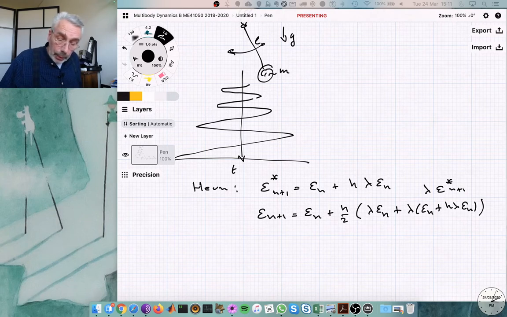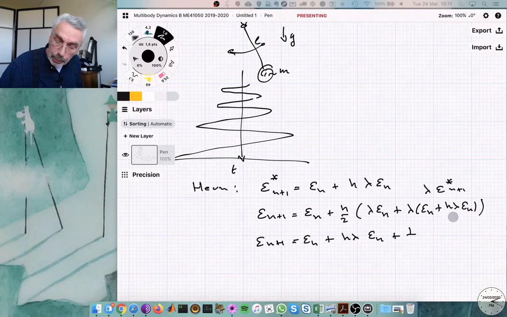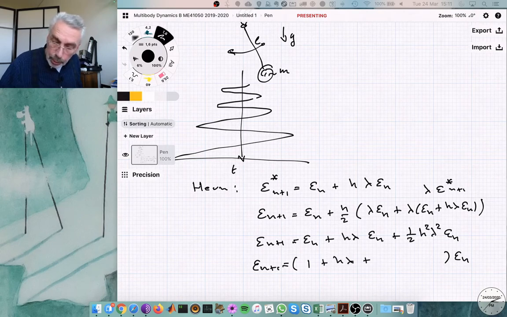Well, then we can of course collect terms, so we get epsilon n plus h times lambda epsilon n, and we get 1/2, that's from this term, 1/2 h squared lambda squared epsilon n. Or again, we can write that as an amplification times epsilon n, and that's 1 plus h lambda plus 1/2 h lambda squared.